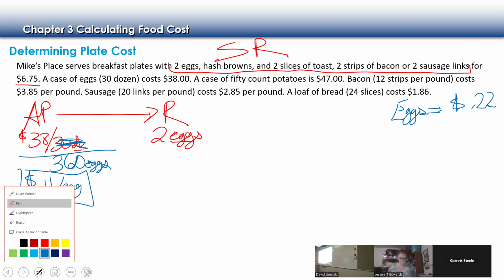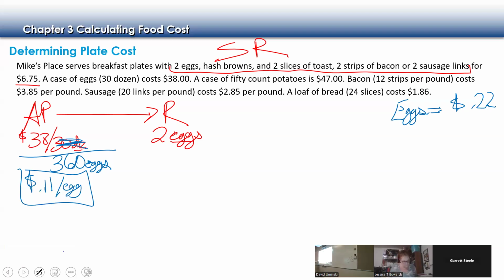Let's do purple. Hash browns, AP to recipe. My recipe is what? A case of 50 count potatoes is $47.